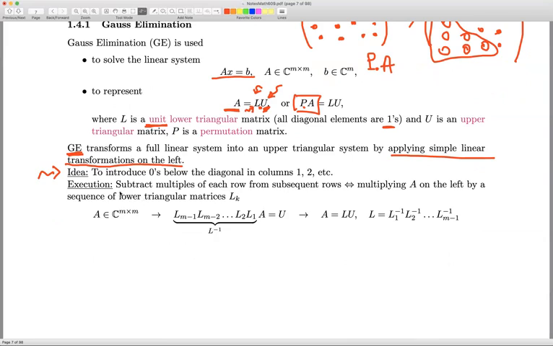And this action, subtracting multiples of each row from subsequent rows, actually can be achieved by multiplying the matrix A on the left by a sequence of lower triangular matrices Lk.